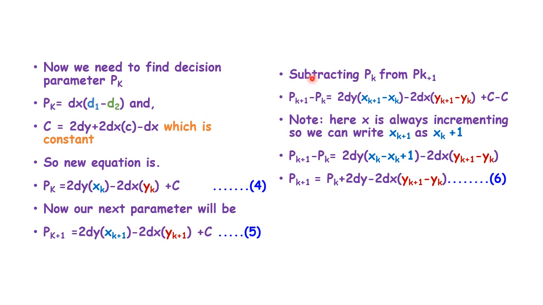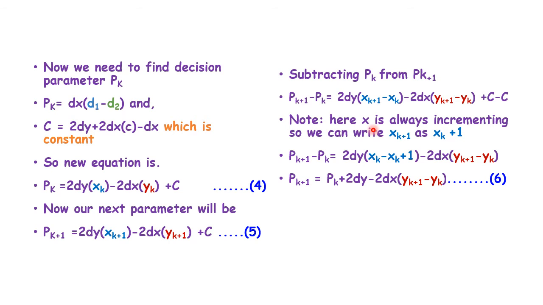Now we have to subtract pk from pk plus 1, so we get pk plus 1 minus pk is equal to 2 dy into bracket xk plus 1 minus xk minus 2 dx in bracket yk plus 1 minus yk plus c minus c.